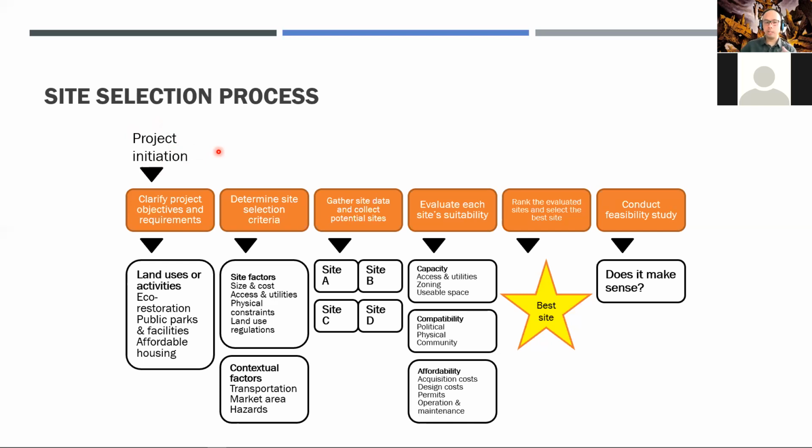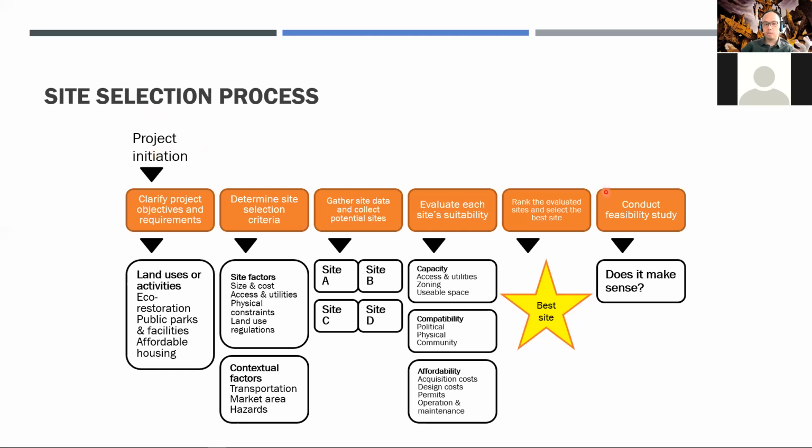In our case, the project was initiated in part by me and Pak Dewa. We initiated the project. We gave you a task to find a site for you to develop according to a short list of different functions, or a short list of different uses. So we've got this step out of the way.